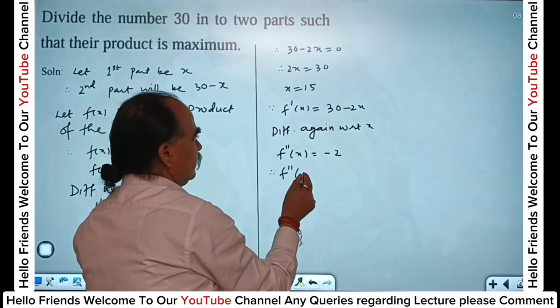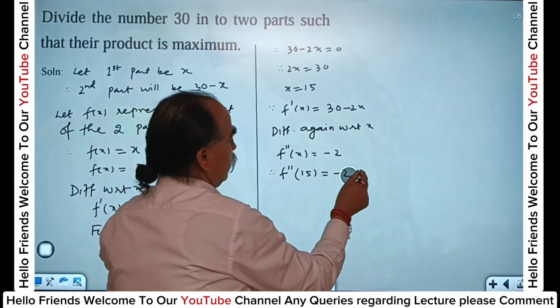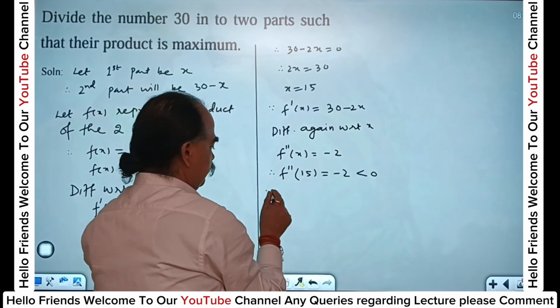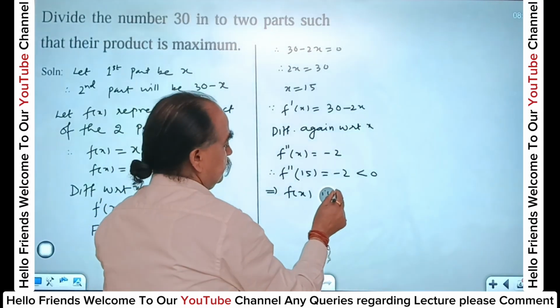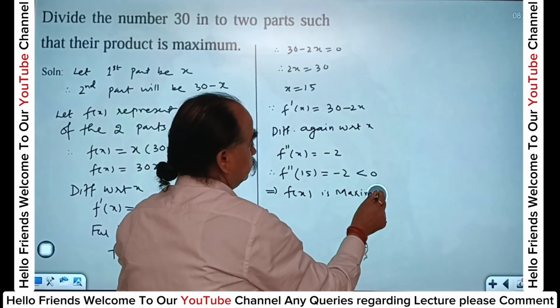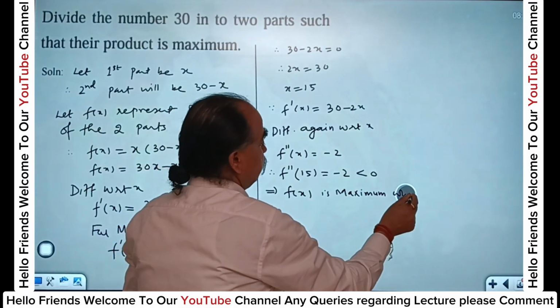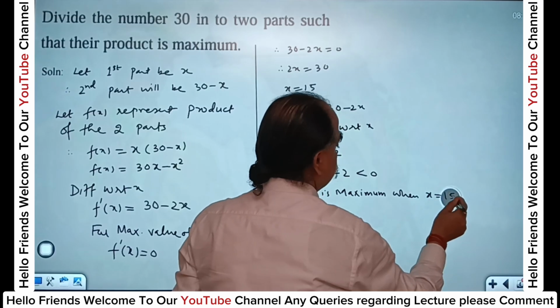So f double dash at 15 is minus 2, less than 0. Less than 0 means f(x) is maximum when x is 15.